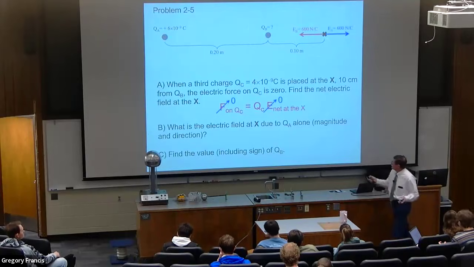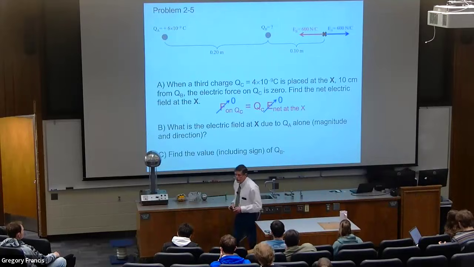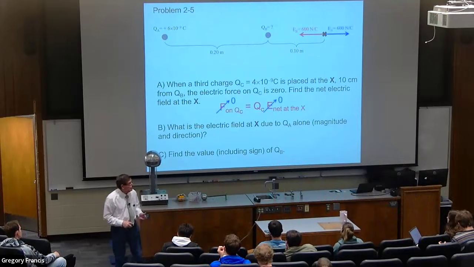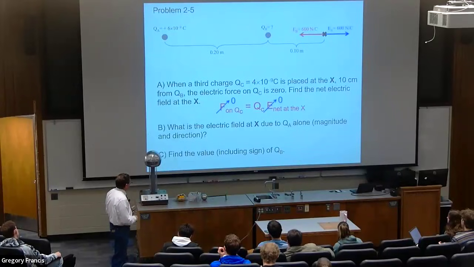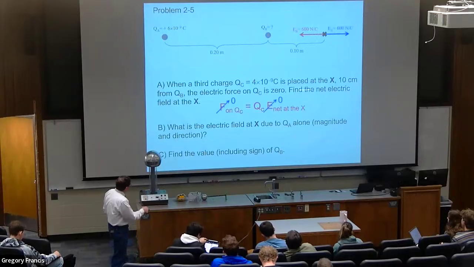Now there's two ways to find the size of QB. One way is just to plug into the formula. E is equal to, so in this case, E is equal to K times QB divided by R squared. So I'd say 600 is equal to K times QB divided by 10 centimeters squared.